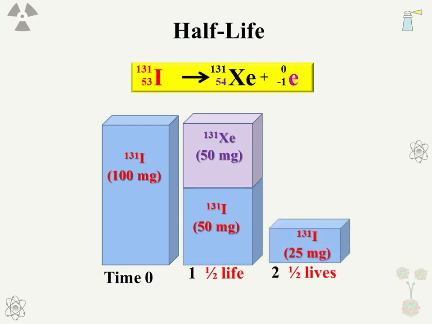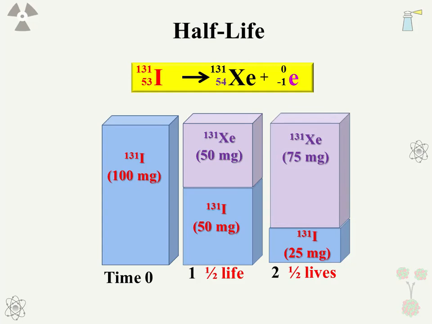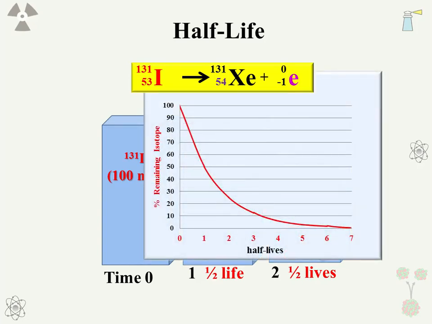After 2 half-lives, 1/2 of the remaining 50 grams of the I-131 decays into the Xe-131. Now there's only 25 grams of I-131. Graphically, the same decay curve can be used to indicate the remaining amount of I-131.